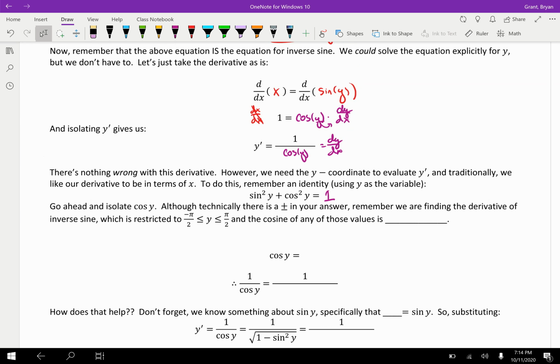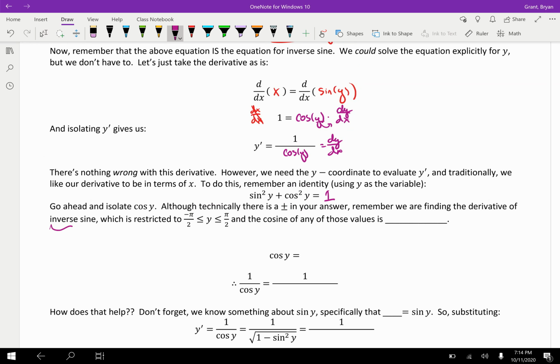Let's go ahead and isolate cosine of y. Now, when you isolate cosine of y, eventually you're going to have to take a square root, do that last, and you're technically going to get a plus minus in your answer. But remember that we're finding the derivative of inverse sine, which is restricted between negative pi over 2 and pi over 2.